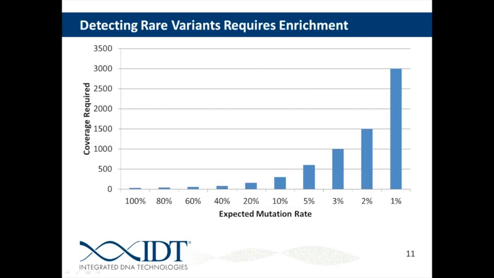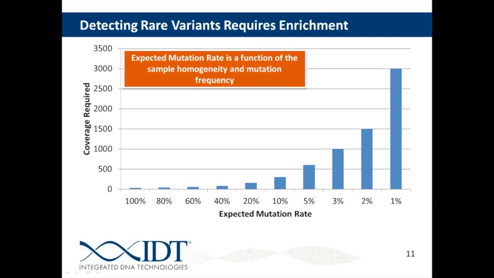So why is increased coverage important for rare variant detection? This graphic shows the required coverage given an expected mutation rate. Expected mutation rate is on the x-axis. It declines as you go to the right, and coverage is on the y-axis. The expected mutation rate is a function of the sample homogeneity and mutation frequency.